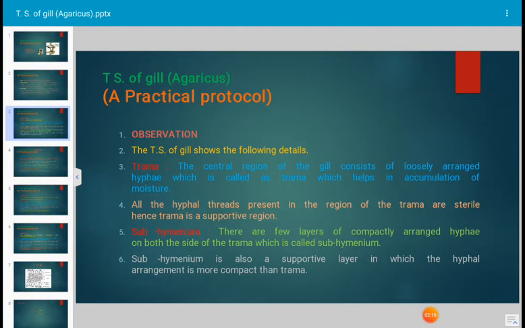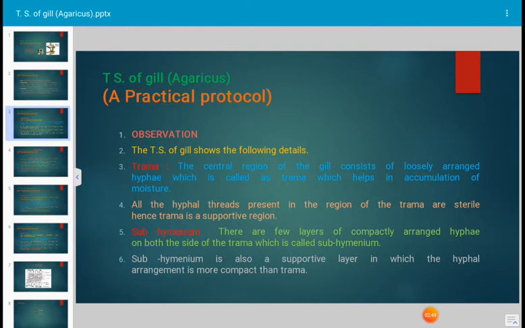Okay. And on both the side of the trama region, subhymenium is present. The subhymenium is made up of few layers of compactly arranged hyphae and situated on both the side of trama, and such compactly arranged hyphae on both the side of trama is described as subhymenium.